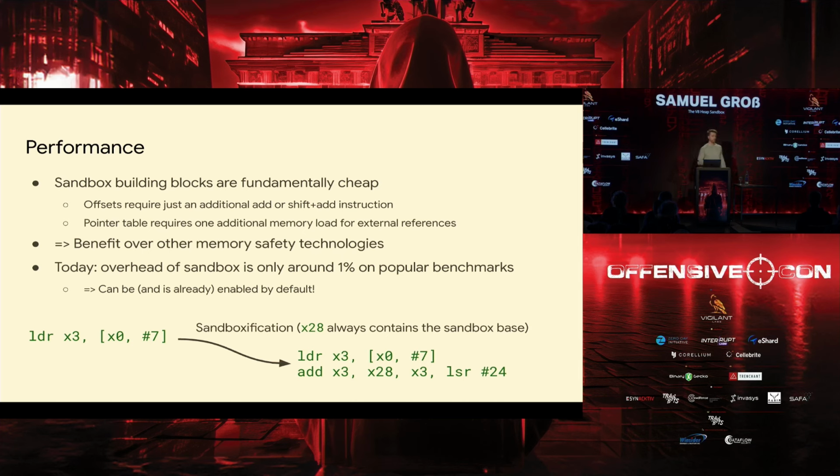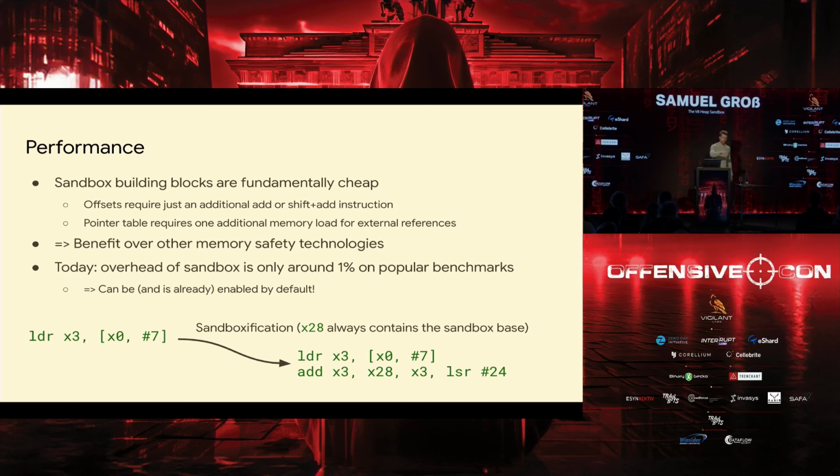And I think here we are in luck, because fundamentally these building blocks are really cheap. For example, what I showed you with turning pointers into offsets is actually really cheap. If you're into ARM assembly, you can see it at the bottom, that's the only change here. What used to be simply loading a 64-bit value from memory, the raw pointer, now becomes loading a 64-bit value from memory and then doing this combined addition and right shift.